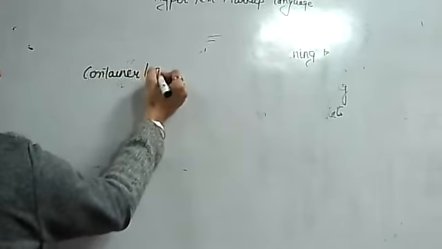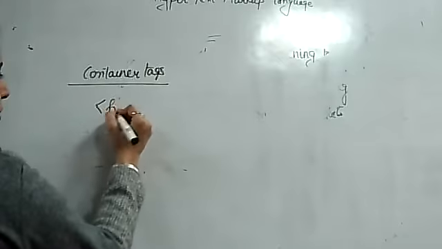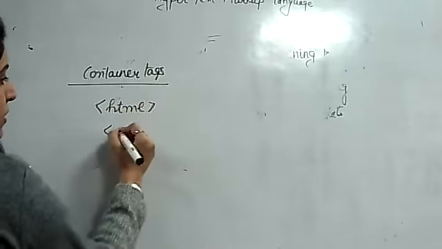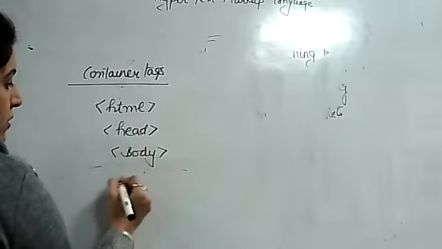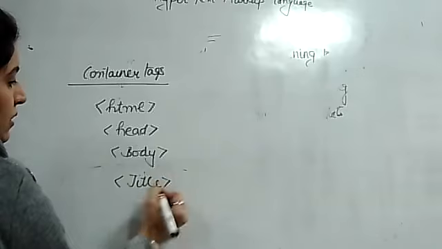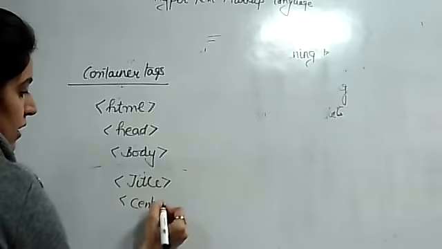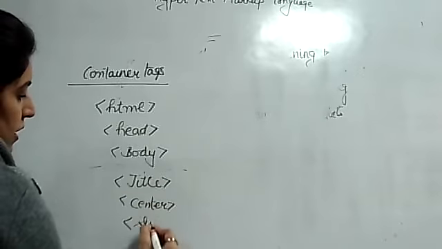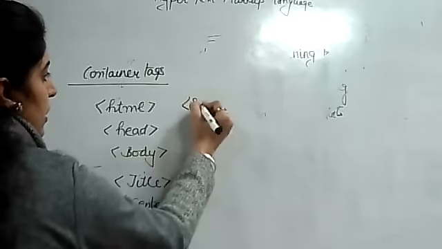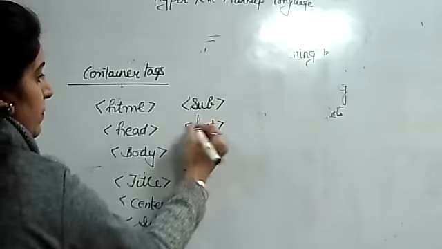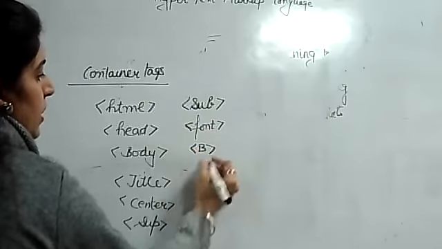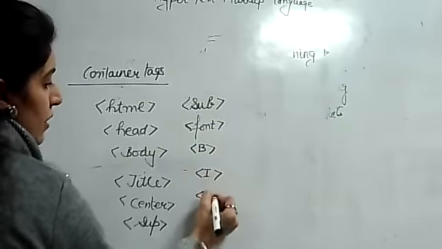कंटेनर टैग्स में हमारे पास आते हैं. Note down the list for container tags. HTML, head, body, title, center, SUB, font, BIU.